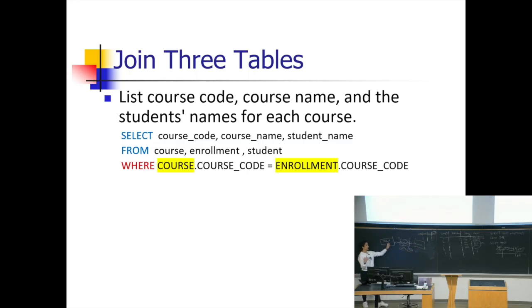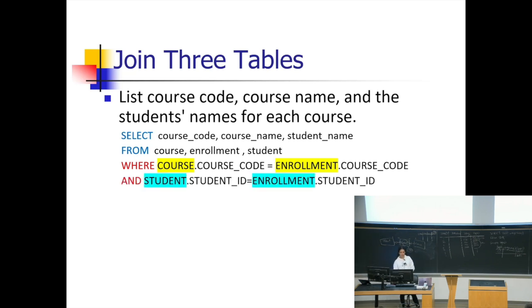And the other one, what is the condition here? Student ID in the student table should be equal to student ID in the enrollment table, right? So this is your second join condition: student ID is equal to enrollment student ID. Now, if you want, you can give the tables shorter names, for example, course as C, enrollment as E, and student as S, and instead of writing course and enrollment several times, use their aliases.